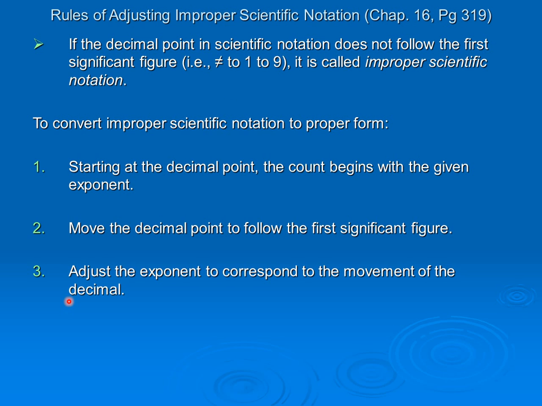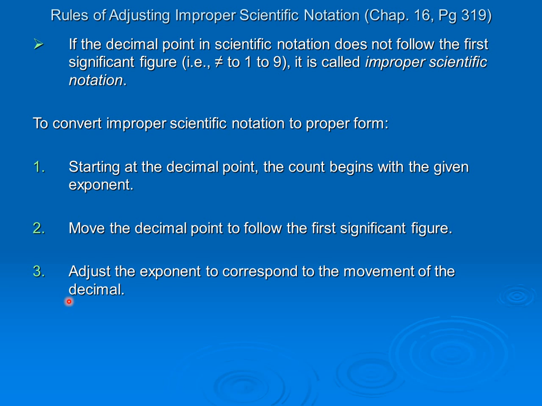So far, whatever we have seen are called proper scientific notation, where the decimal point is placed right after the first significant digit. But you will see some cases where we have a scientific notation where the decimal point is not at the right place. In those cases we try to make it proper.